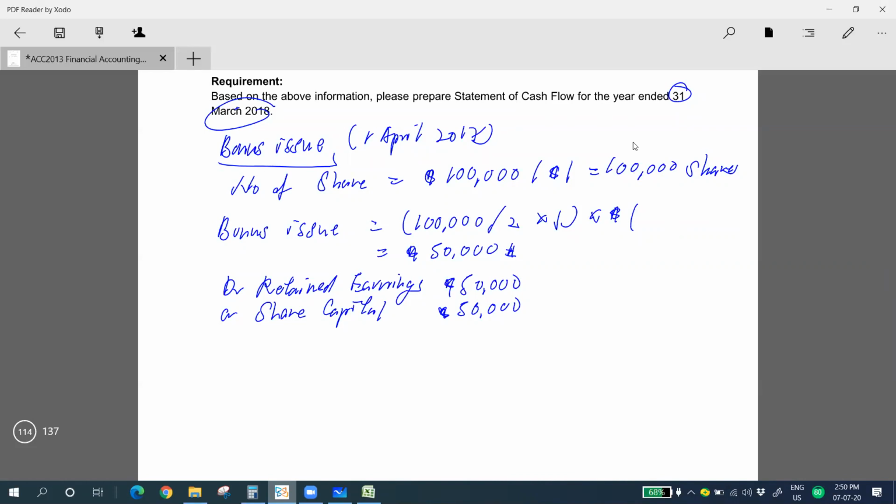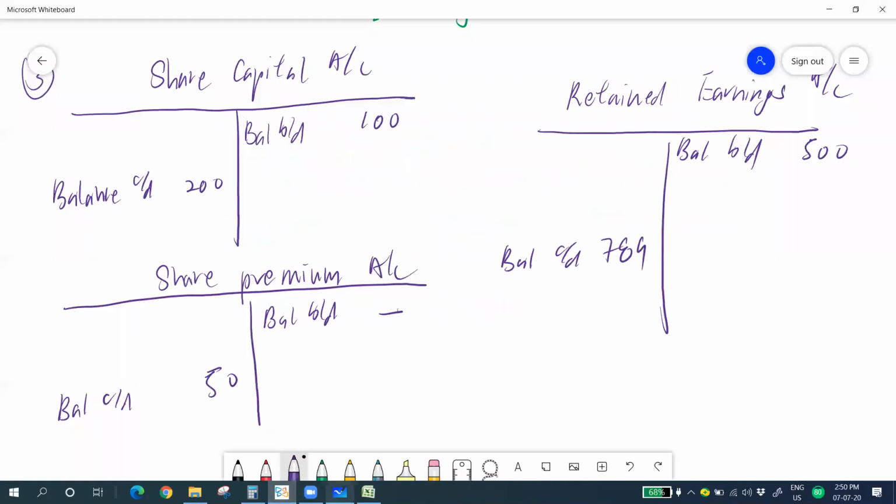So now we reflect this in our ledger. In our ledger, we have share capital 50,000 and we have retained earnings here 50,000. So what is this 50,000? This is bonus.